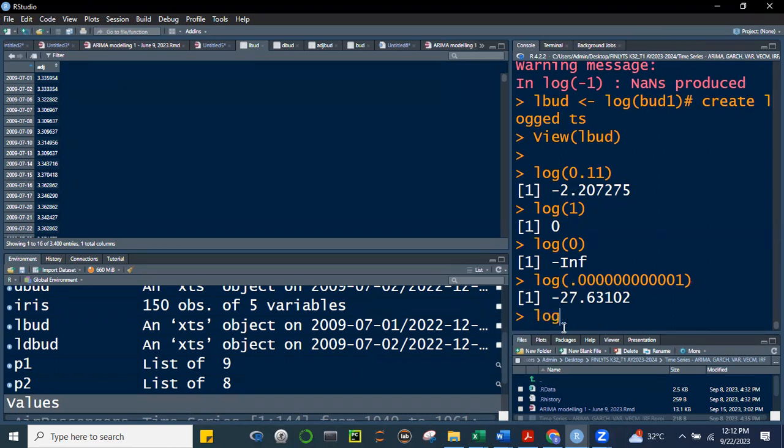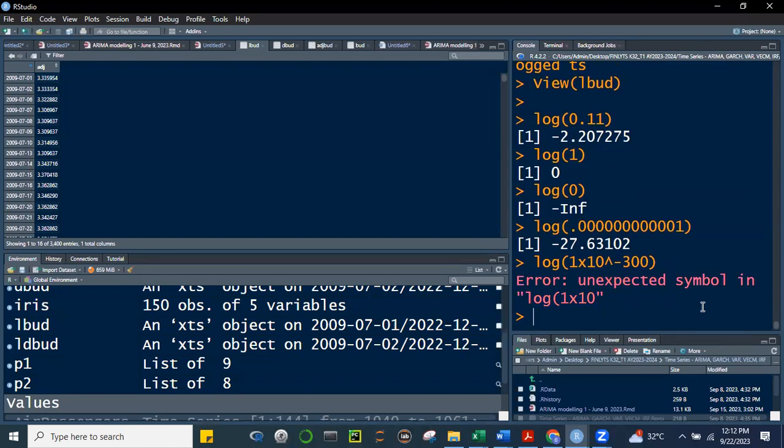Then if I change that further, for example 1 times 10 to the negative 300, that's 0.0000299 zeros and then 1. That's a very, very small number, right? When we take the log of that, class, it can't handle it anymore. Error. Wait, what did I do wrong here?